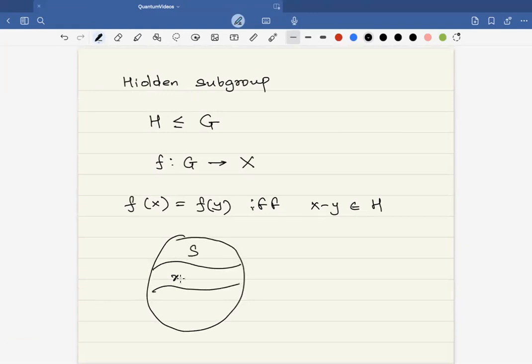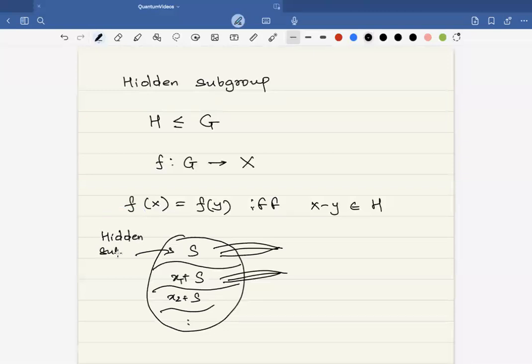So this is x plus S, x2 plus S, and so on. And so the function is constant on these cosets, and the goal is to find this hidden subgroup S. So a lot of the problems in quantum computing can be brought under this hidden subgroup theme, which we will look at later.